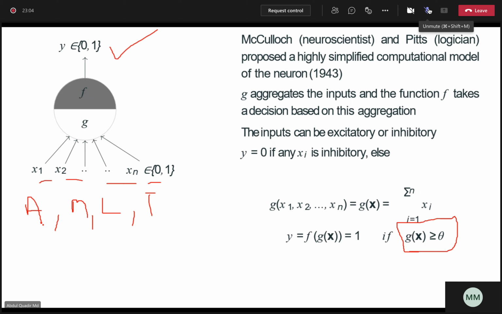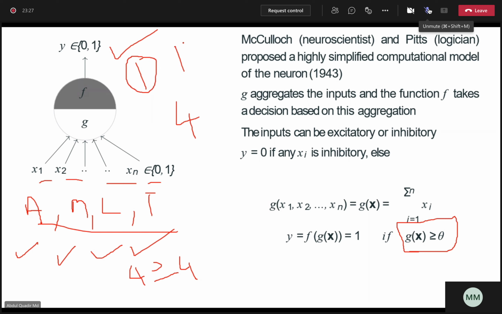Say my threshold is 4 over here, just to make you understand. Is this movie satisfying all the 4 parameters? Yes. So 4 is greater than or equal to 4. Yes, it is satisfying, then I will trigger, I will watch the movie. I will like the movie.